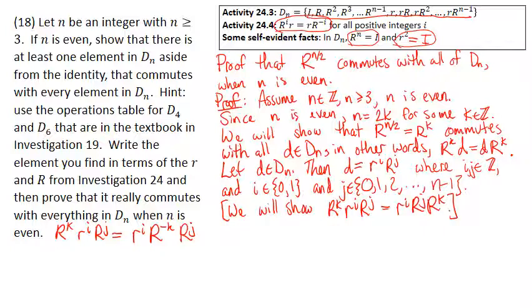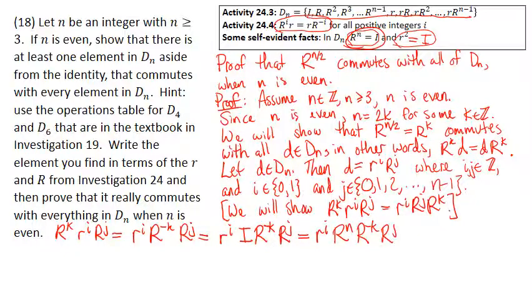I can always multiply in the identity anywhere that I want. That won't harm anything. So I'm going to say r to the negative k, that's the same, and then R to the j. And then what I can do is I can replace the identity from up here with R to the n. So this is going to be r to the i, R to the n, and you guys will see why this actually helps.